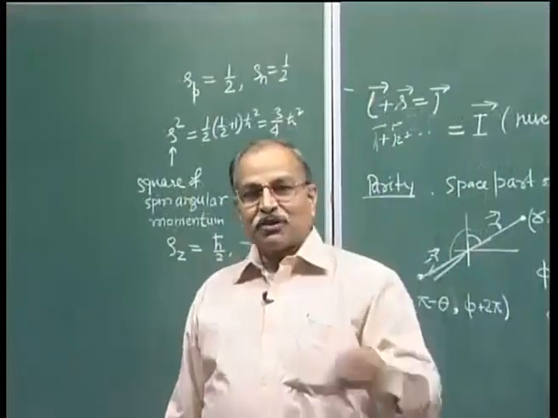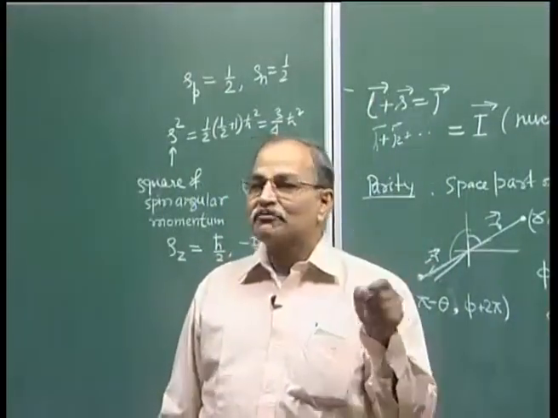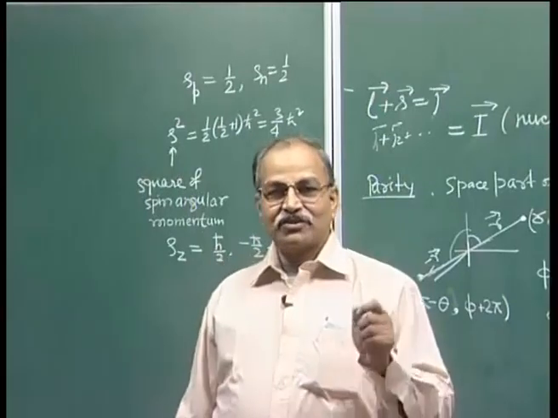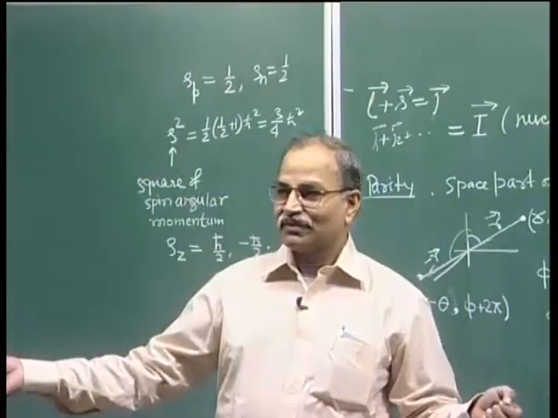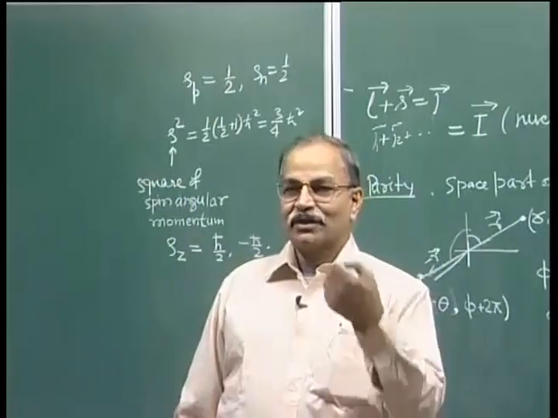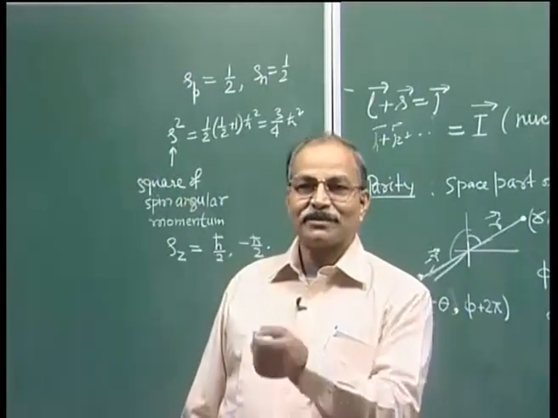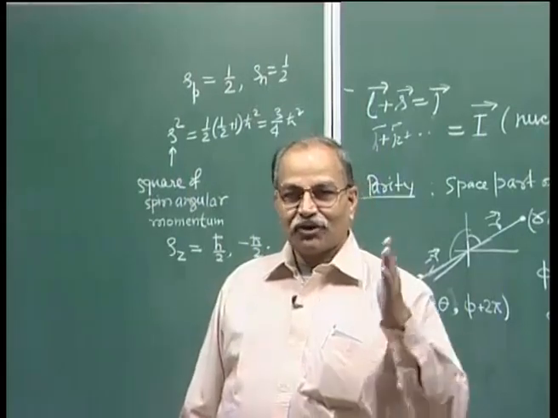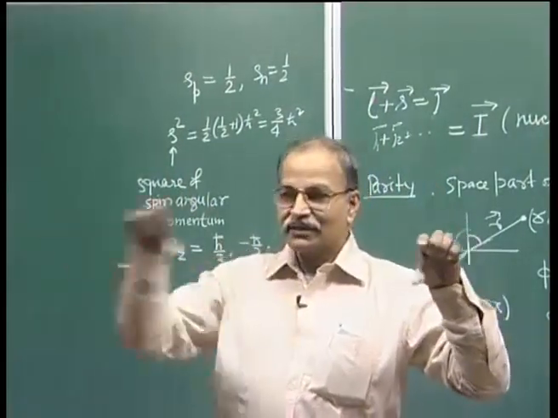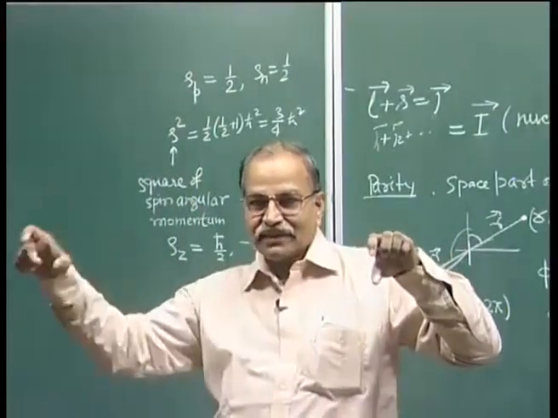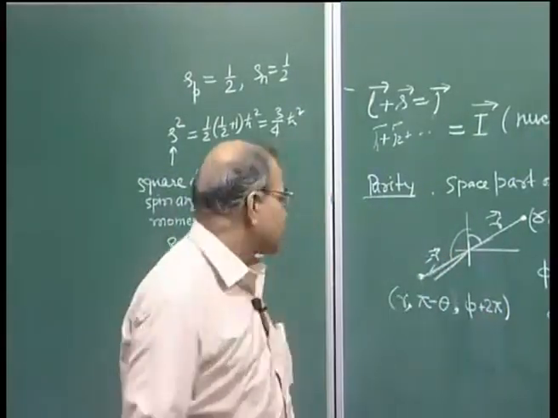If you are talking in terms of some total angular momentum j, if j is 3 by 2, then Jz will have 4 possible values, 3 by 2 h cross, 1 by 2 h cross, minus 1 by 2 h cross, minus 3 by 2 h cross. So, from that quantum number to negative of that, it goes in units of h cross. These are the possible values.